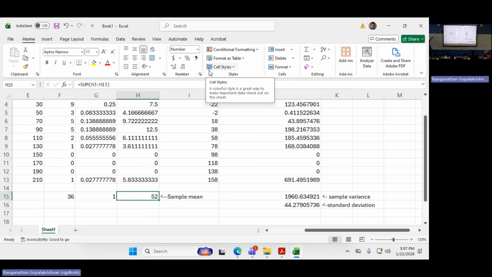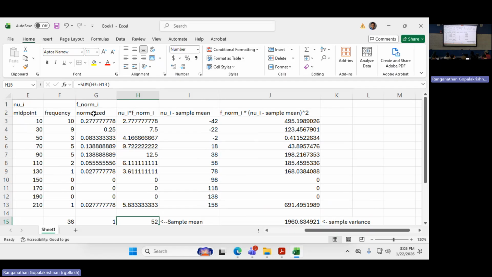So the question is how would I match this Excel calculation with this equation? If you look at this equation, what is this? Normalized frequency. That is in my column G. This is u_i, that is midpoint minus the mean value. Midpoint minus the mean value: 10 minus 52 is minus 42, 190 minus 52 is 138.